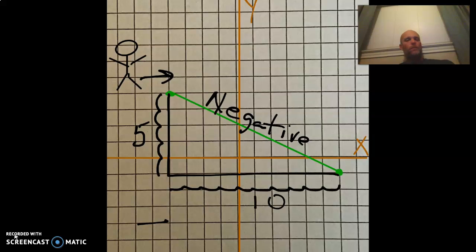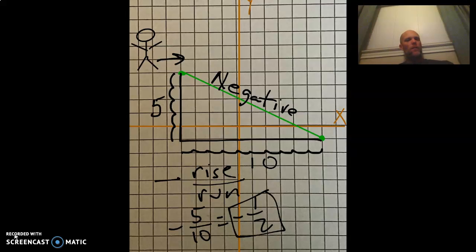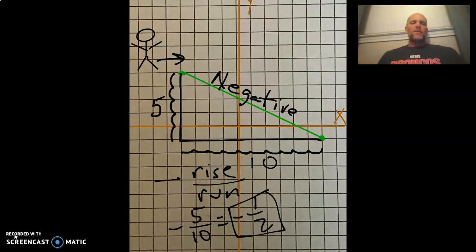That is 10. So our slope is rise over run. We know it's a negative. It rose 5, and it ran 10. Like I said, you have to put that in simplest form. Isn't that just half? So that is negative 1/2. Really, slope comes down to triangles. How tall is it? How long is it?